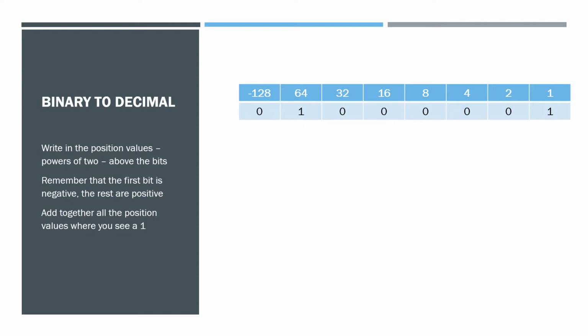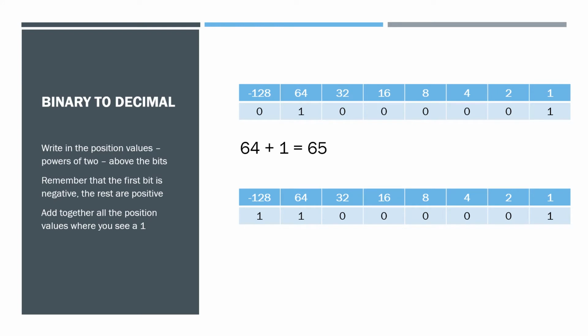And then we just add together all the position values where there is a 1. So this is 65. And this is minus 63, because we are starting with a minus number and then adding to it. And just to remind you, if a 2's complement number begins with 0, it's a positive number, and if it begins with a 1, it's a negative number.